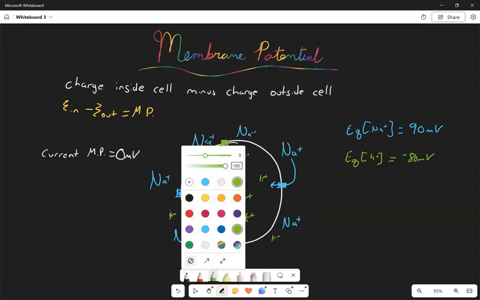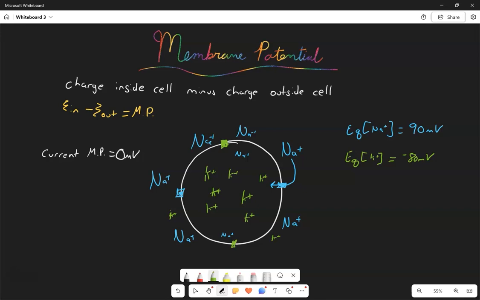At the same time, potassium is going to want to bring the membrane potential to negative 80 millivolts. So it has to decrease the membrane potential by taking a positive charge outside of the cell. So it will efflux, or move out of the cell.